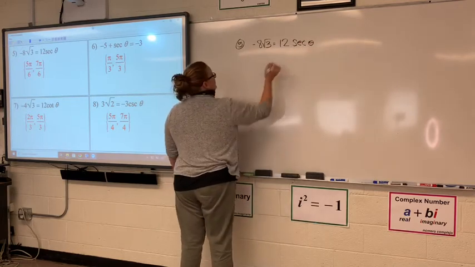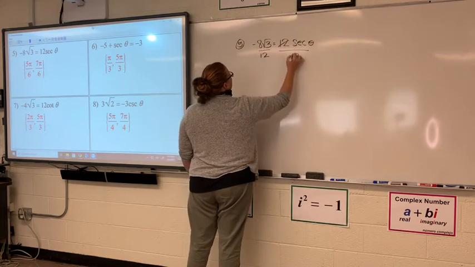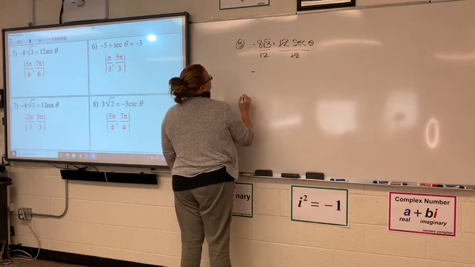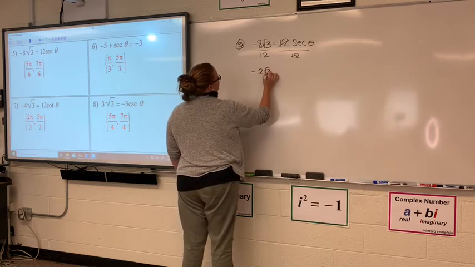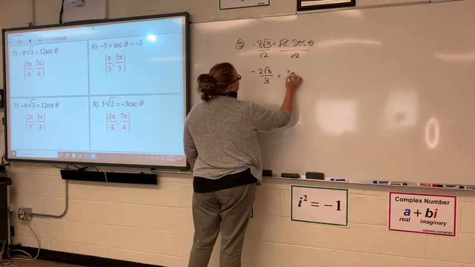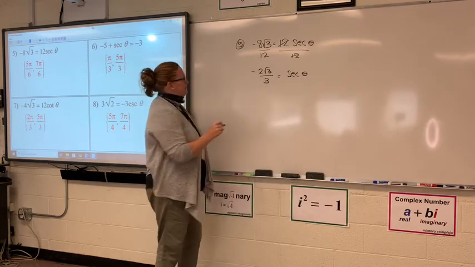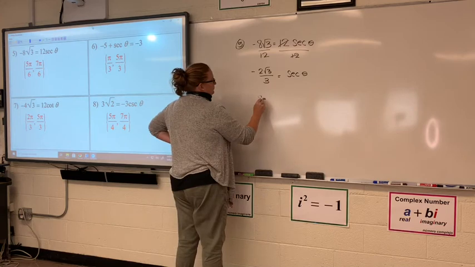Okay, so we want secant by itself, so divide by 12. And that reduces to 2 square root of 3 over 3. Okay, so we're looking for where secant is equal to that.